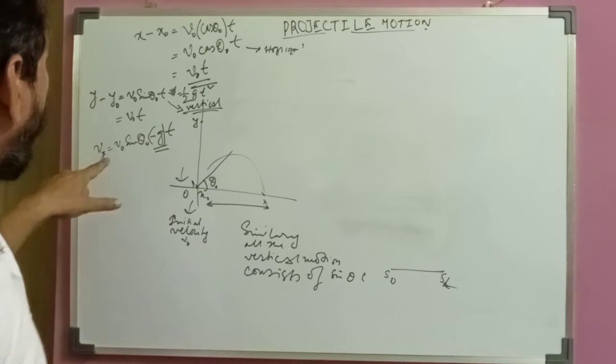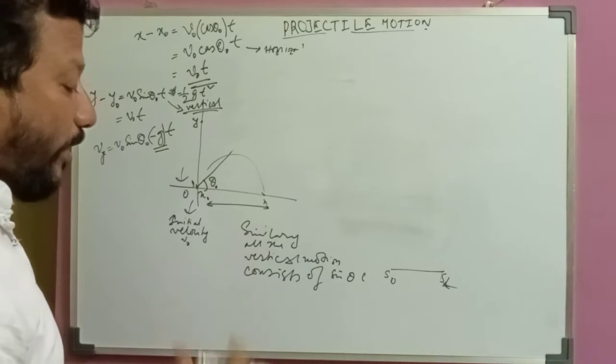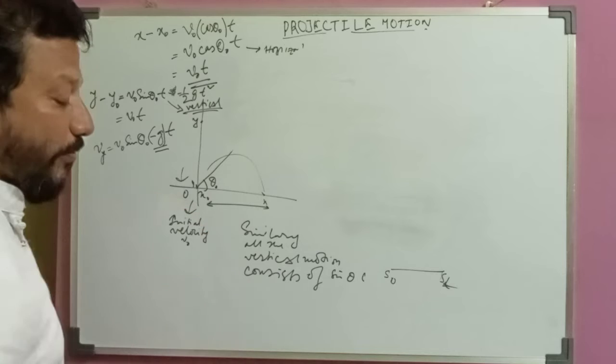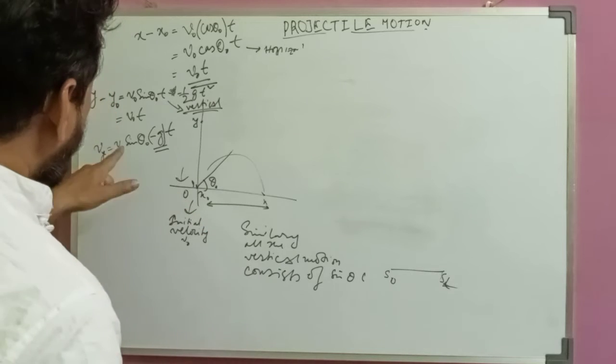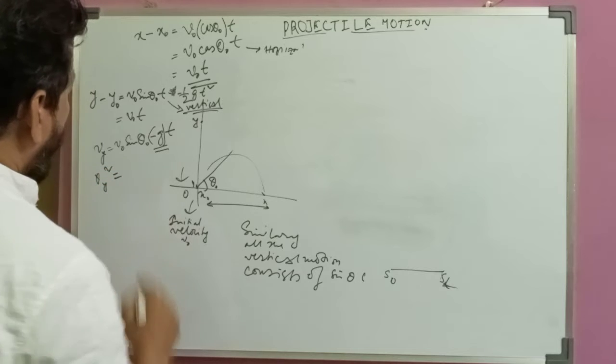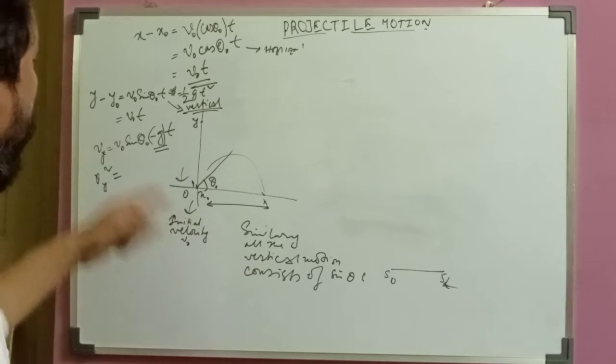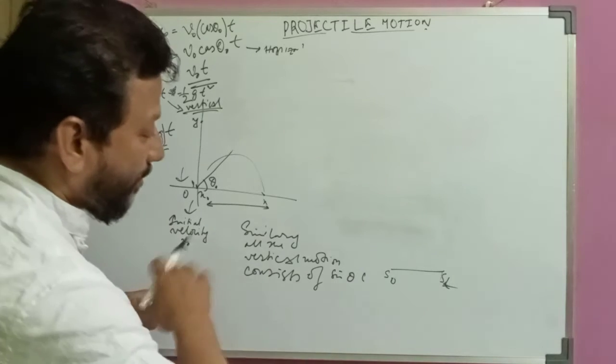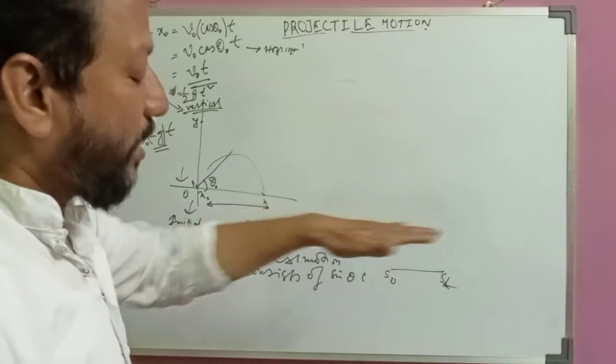Automatically, when you get this vy, you will get vy square. What will we get? v square equals u square plus 2as, as in the motion in a plane.